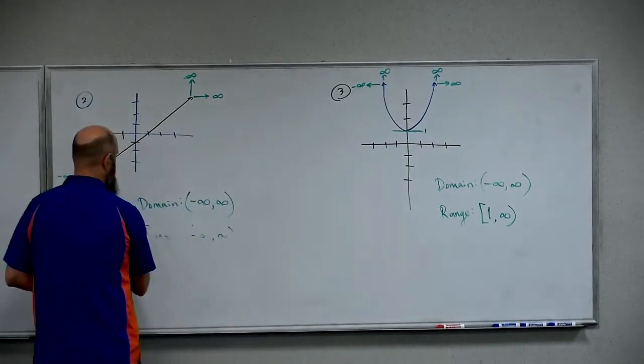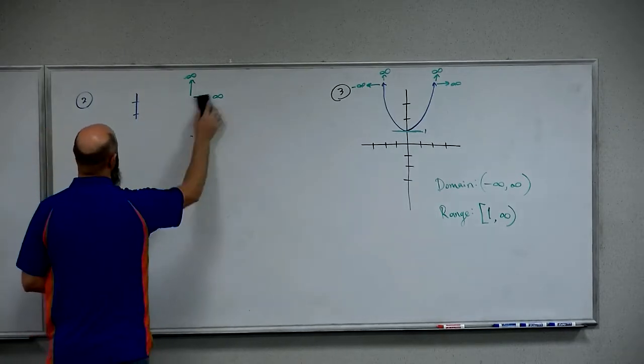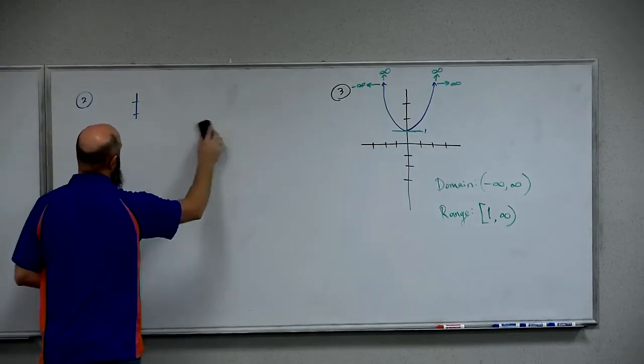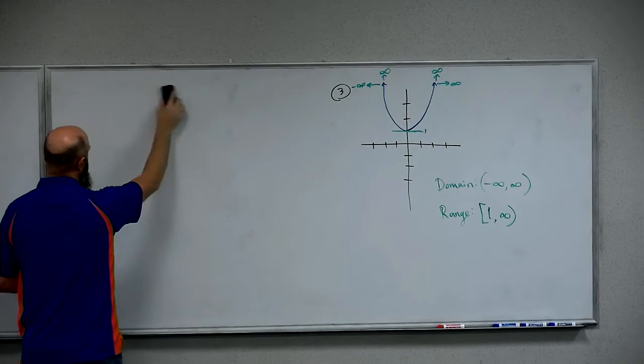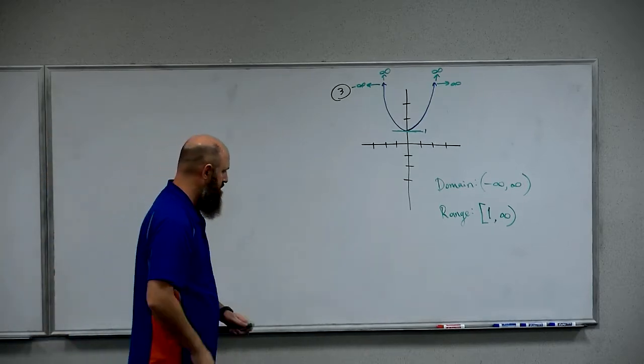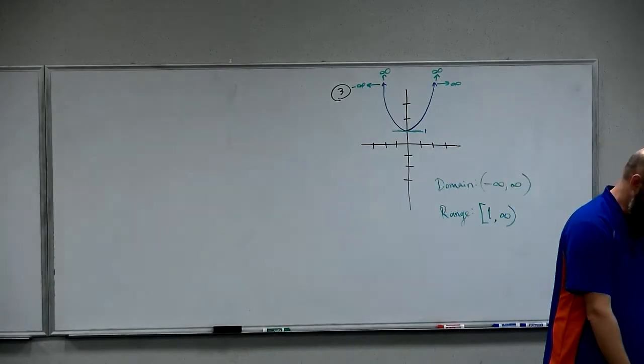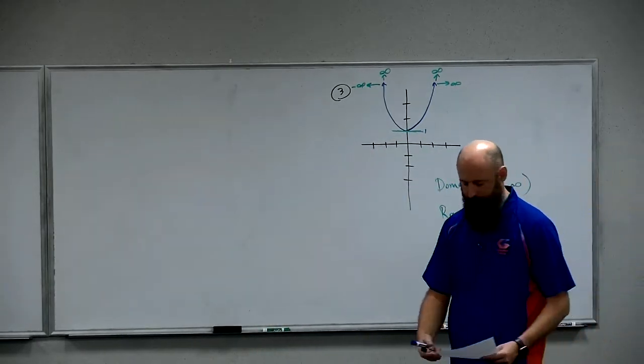All right, and we've got one more representation we've got to look at here. Those were graphs, and we looked at ordered pairs. But another way that we look at our relations is through equations, and so we need to look at how to represent those.